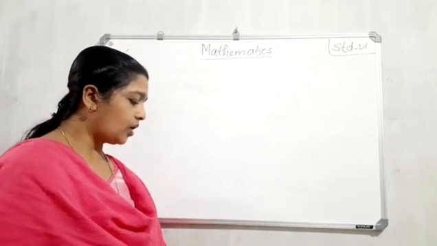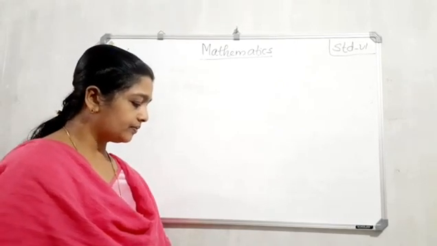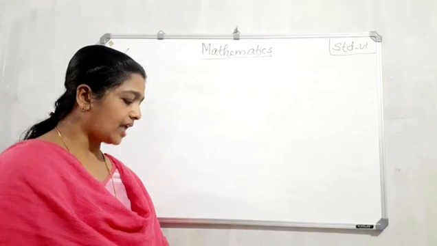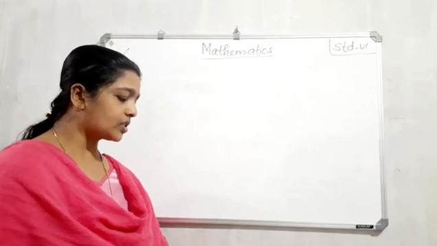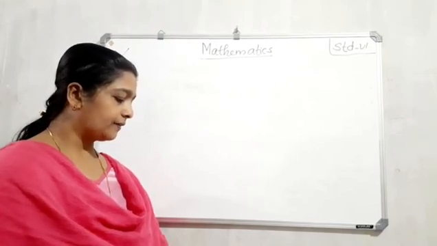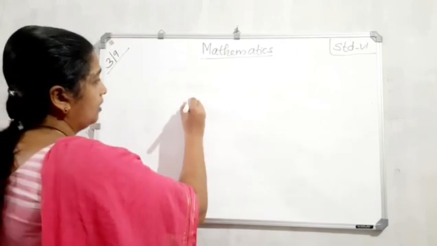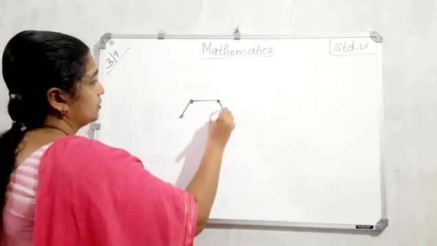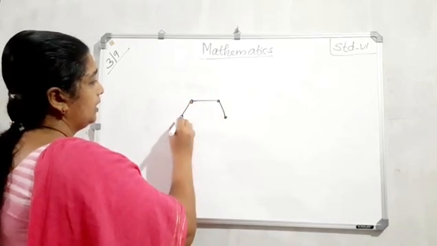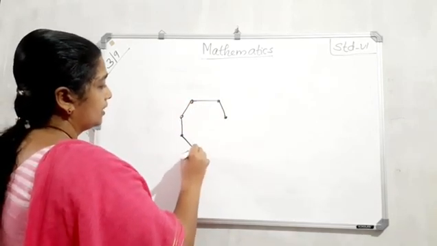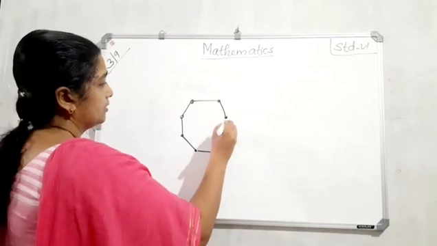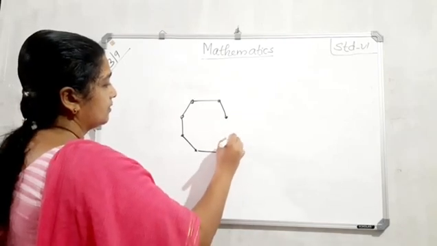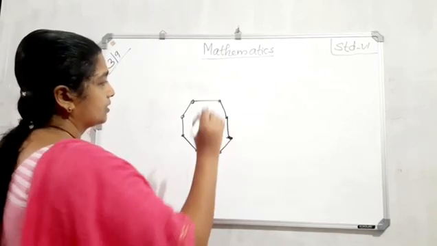So next question. Draw a rough sketch of a regular octagon by joining exactly 4 of the vertices of your octagon. Understand? So we can draw an octagon. 1, 2, 3, then 4, 5, 6, 7. Octagon.